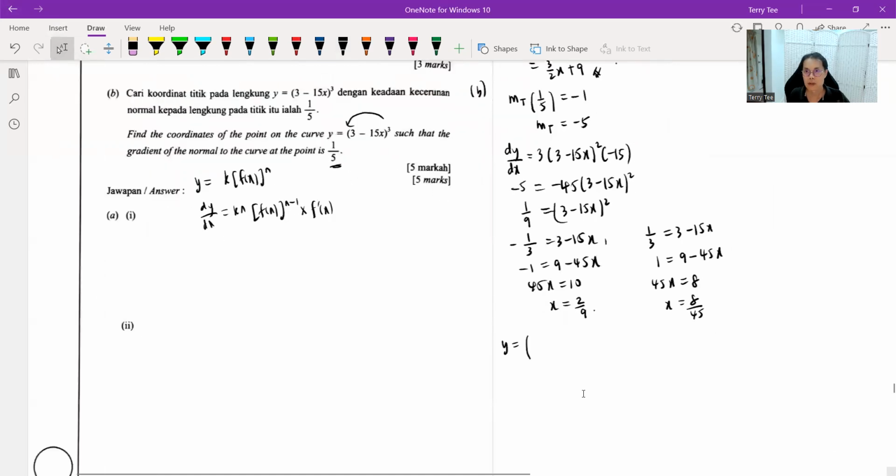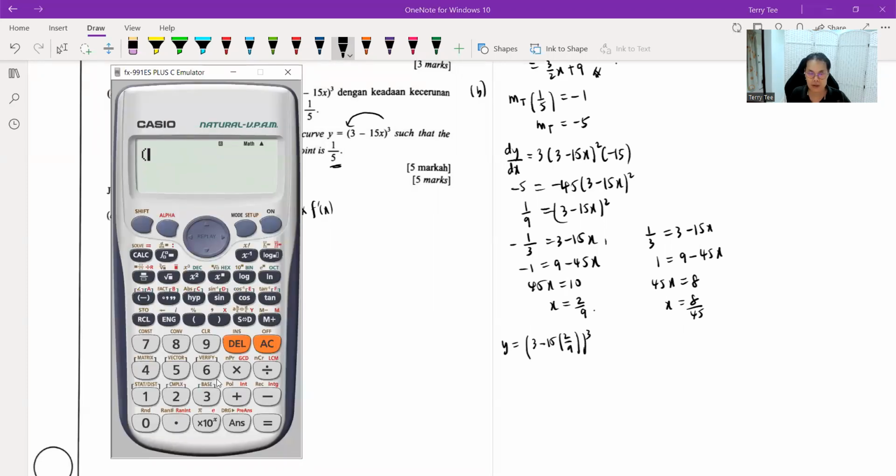I need to put 3 minus 15 times 2/9, and a square. Sorry, it's not a square, it's a cube. So you can use a calculator here. When you close the bracket, you cube it. My answer, -1/27.